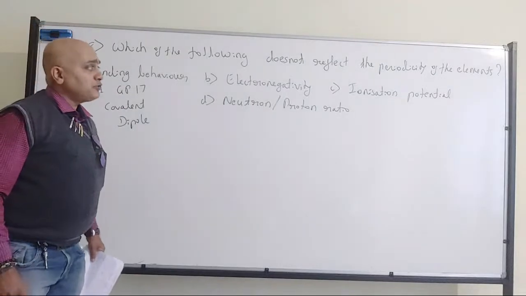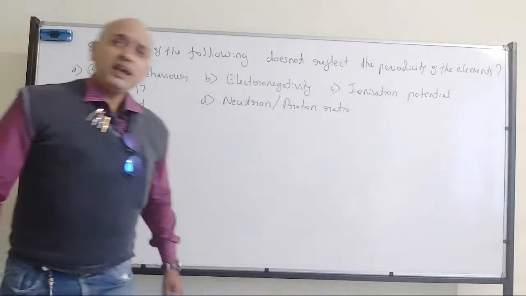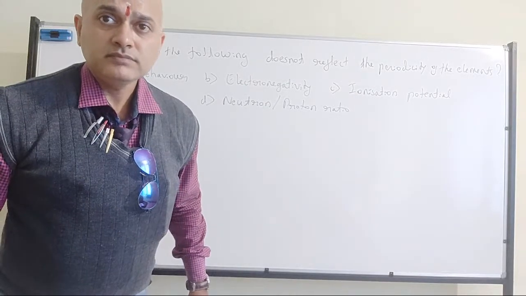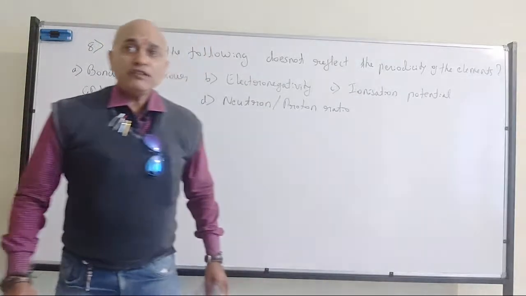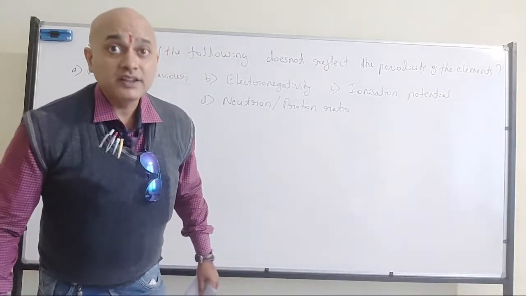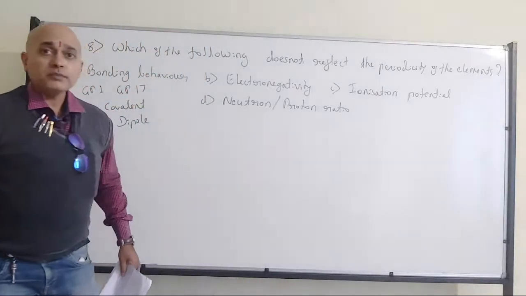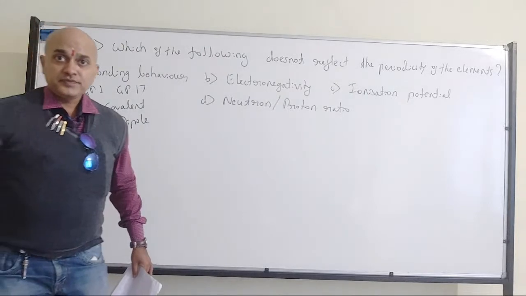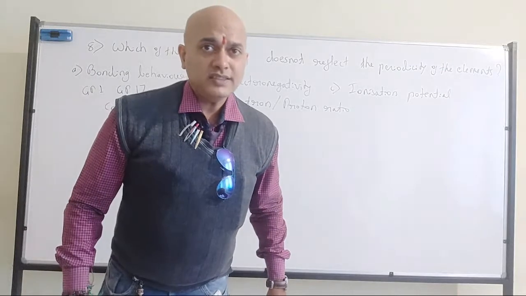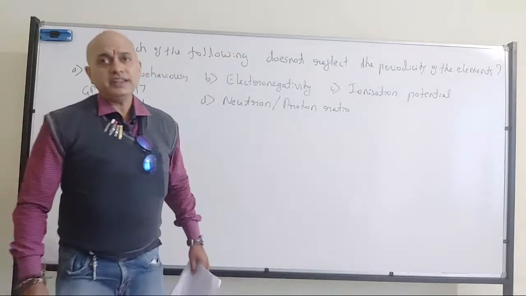What is that neutron-proton ratio? For which type of element are we going to focus on the neutron-proton ratio? I had told one or two sentences on this, and definitely not in detail.